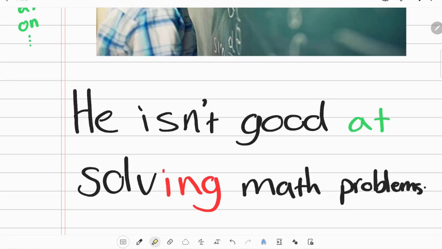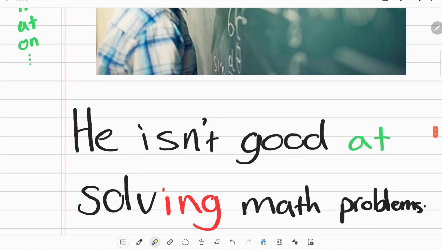So here we use the preposition at, and also we use ing for solve, which makes it a gerund. We use preposition, which is at, plus the gerund here.